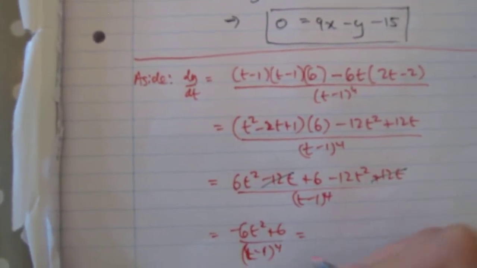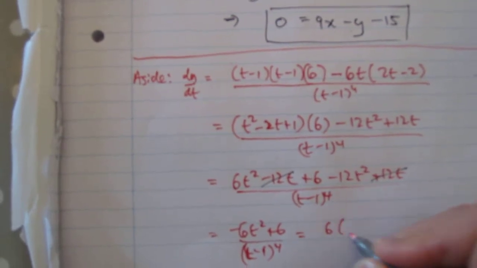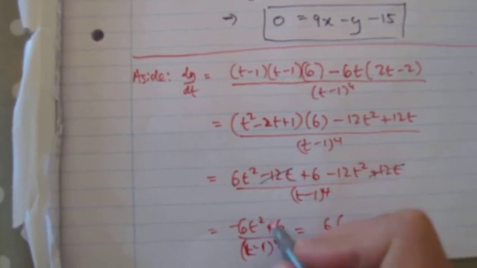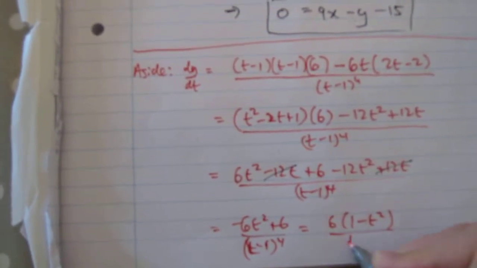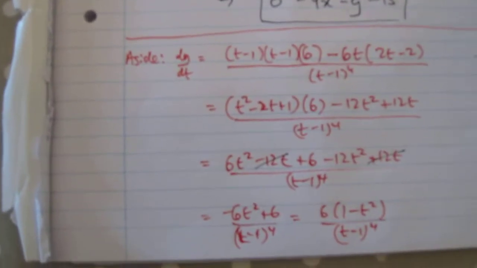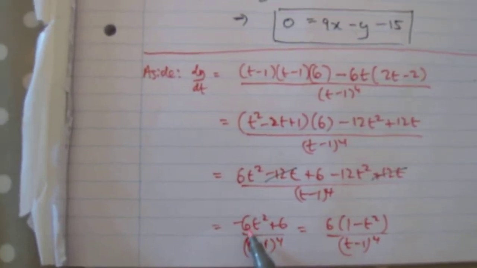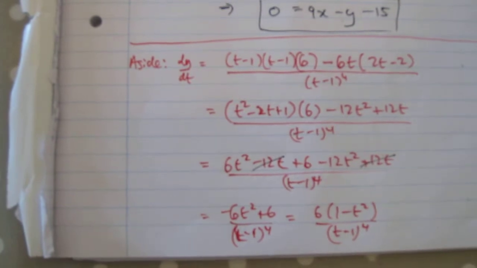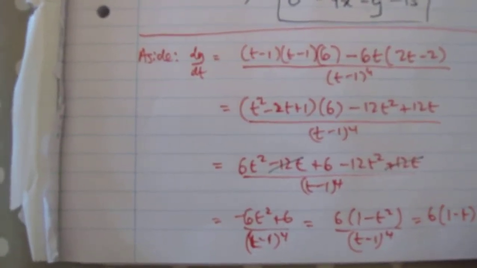Now hopefully you spot that I could factor out a 6 from that, and if I write this the other way around, if I put the plus first, I get 6 into (1 minus t squared). It's as if I've written this one first, so 6 minus 6t squared. And the advantage of doing that is that it looks like the difference of two squares. It's easier to recognize.